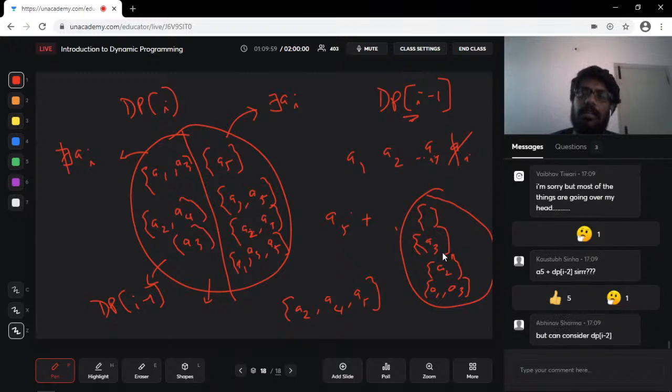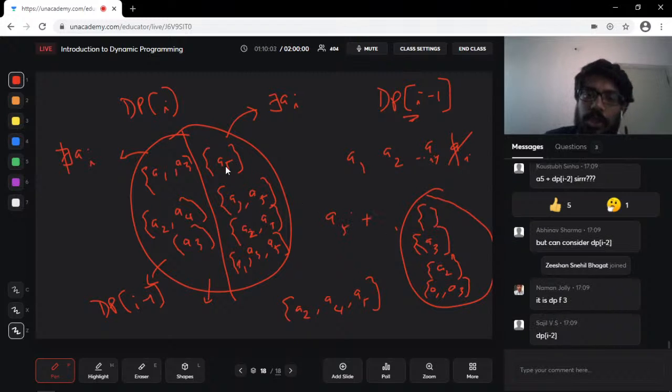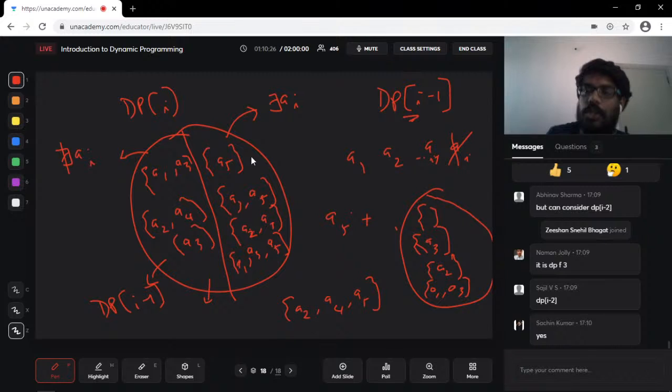In particular, do you see that because a5 was chosen here, these were all valid subsets which have a5. So because a5 is there, a4 was definitely not there, right? In general terms, this bag has all the subsets which definitely contain ai, and because it's valid, ai minus 1 is also not present.